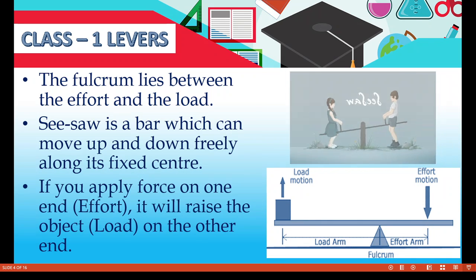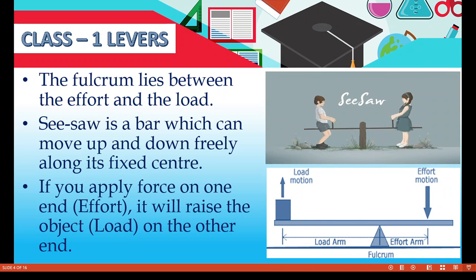So as I already mentioned, depending upon the position of the fulcrum, effort and the load, the levers are classified into three types. So the first type, look at this picture. This is a seesaw.